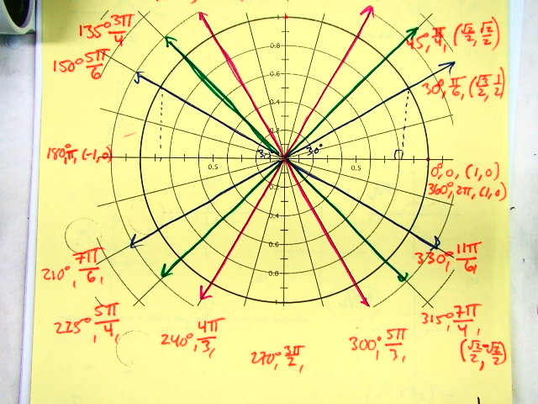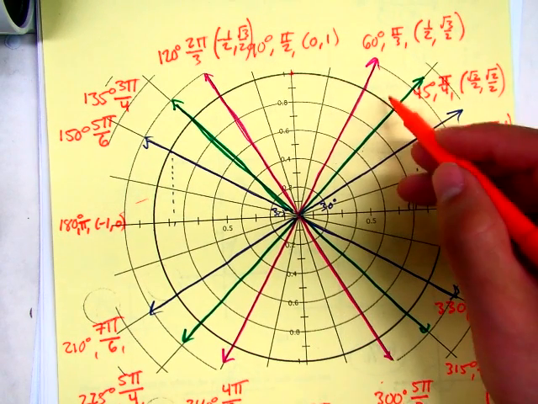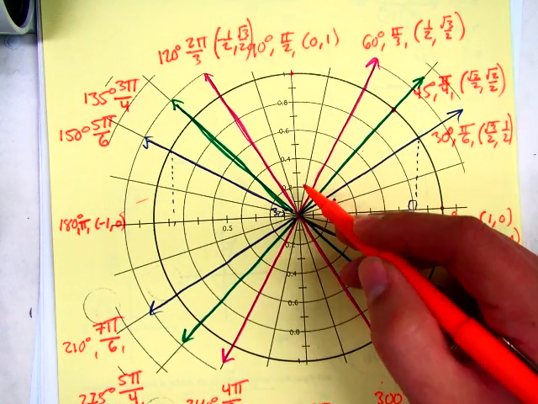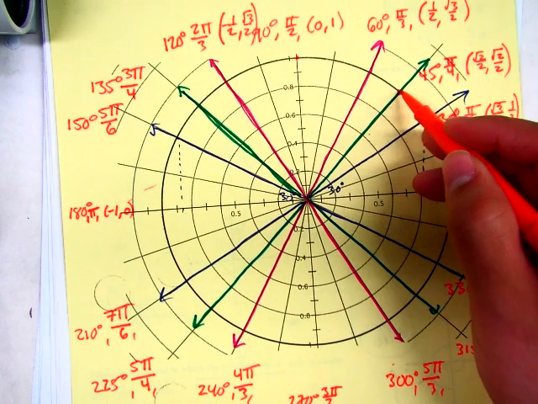Also, literally think about this as a graph. If we're looking at 45 degrees, we agree that the x-coordinate has to be root 2 over 2, right? Go down to the fourth quadrant. What's the only thing that has the same x-coordinate?